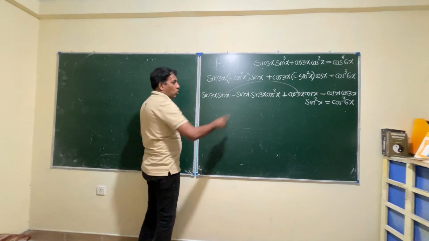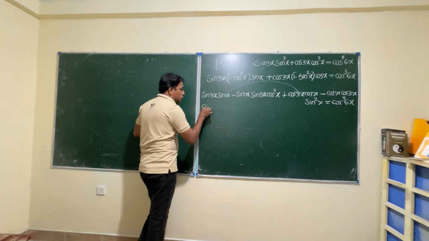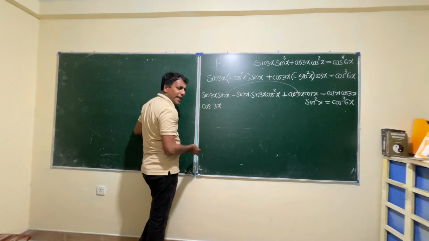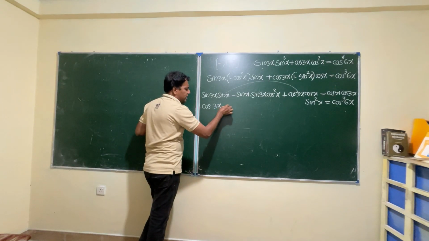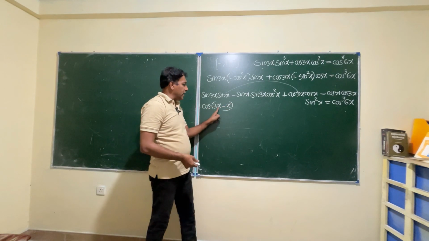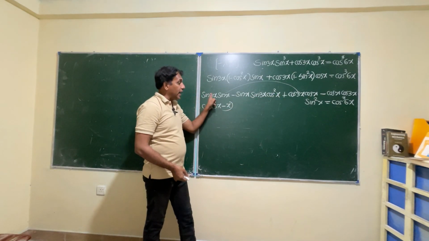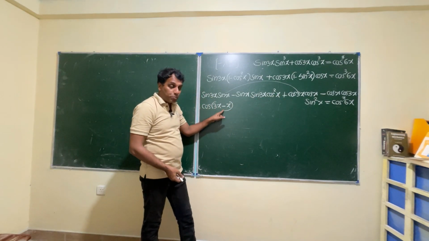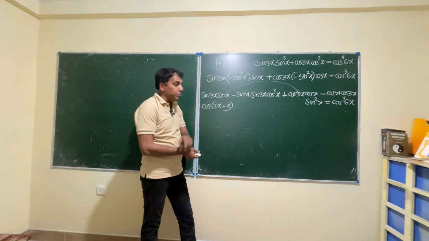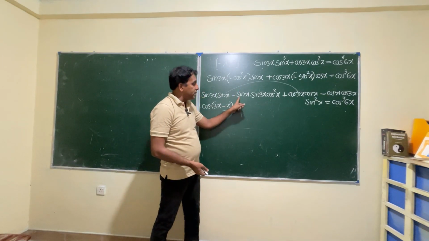Therefore can I write that as cos of A minus B, cos 3x minus x? Find this expansion: cos A cos B plus sin A sin B is cos A minus B. Okay. Now take the other part, this and that.